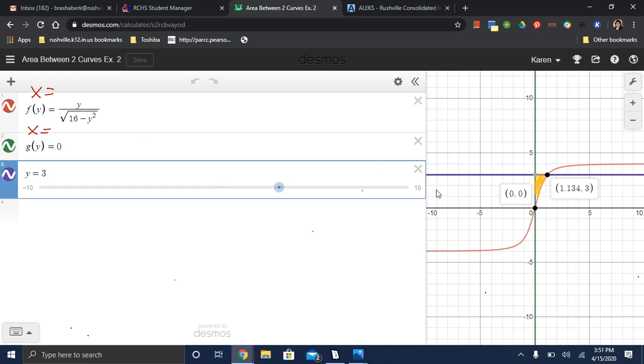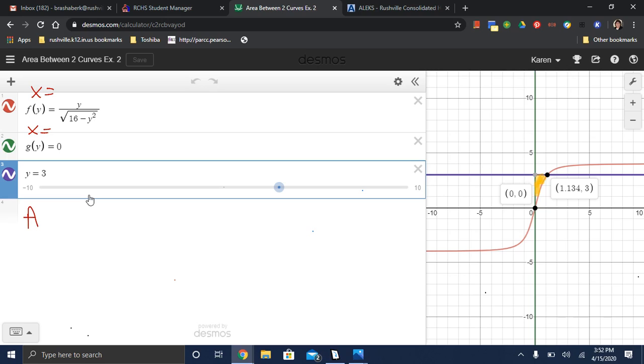And so to do this integration, we have a curve that is to the right of this y-axis boundary. And so we're going to integrate from right to left. And so we'll use the y's as our limits of integration.